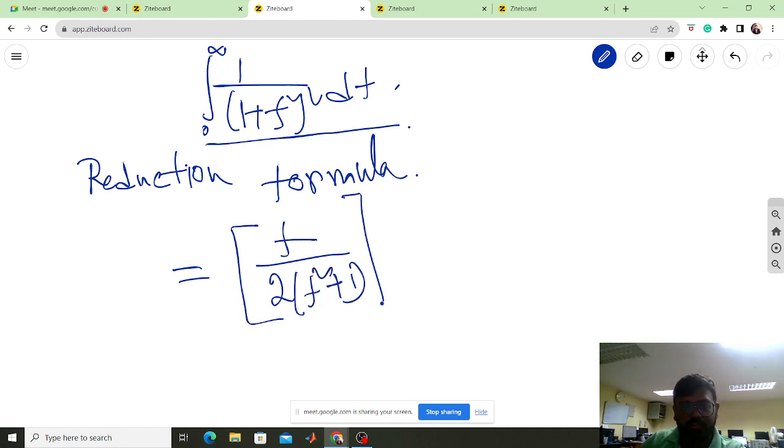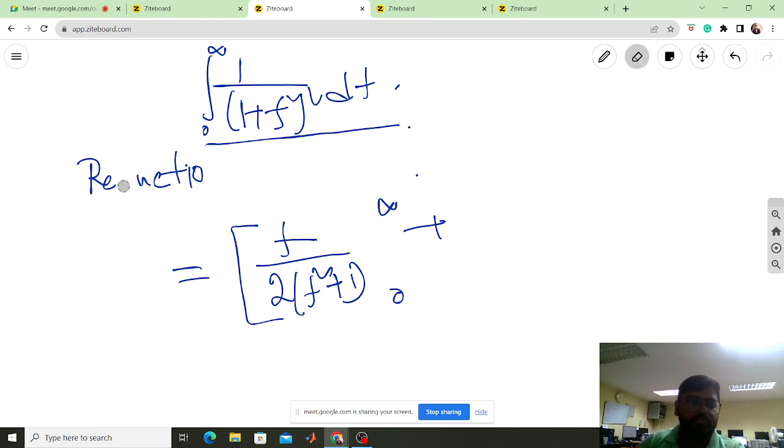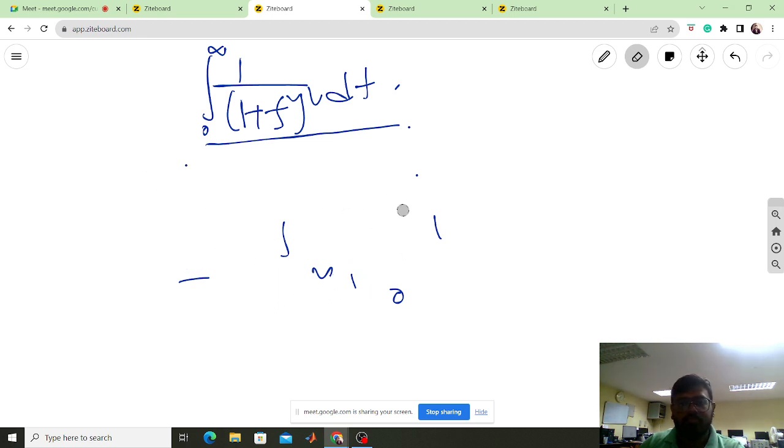It will come 0 to infinity. One part is like this, and the other part will be... let me solve it the whole way. Just avoid these terms. We will use the limits in the end.